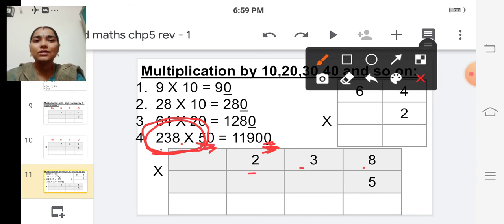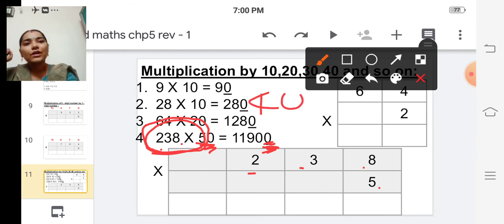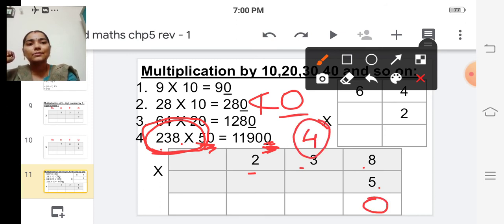238 into this 5. Okay, so 8 5s are 40, isn't it? 8 5s are 40. So we have to write this 0 in the answer and we have to carry over this 4 to the next place.